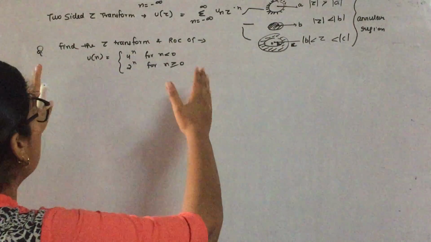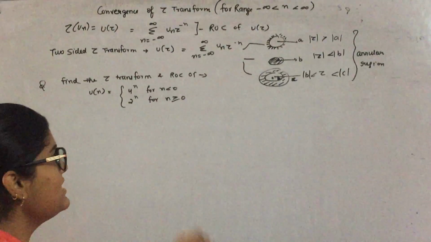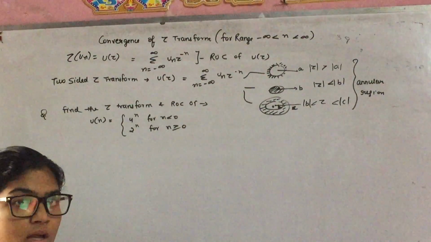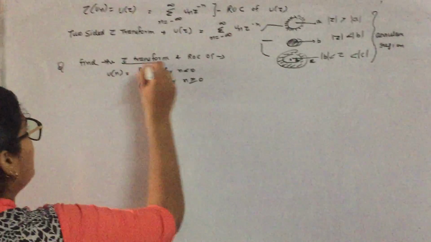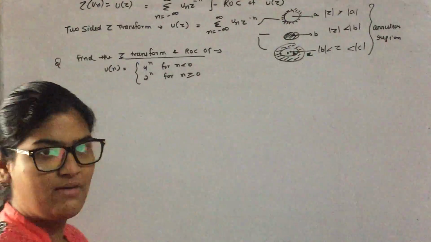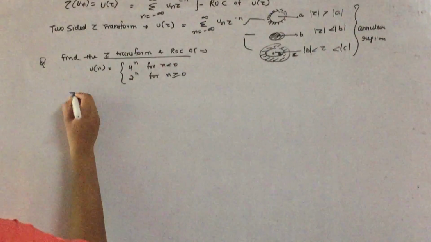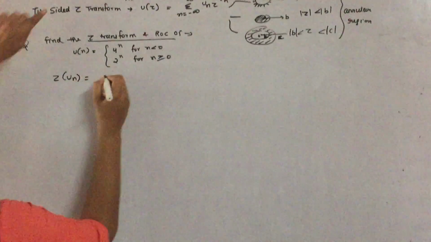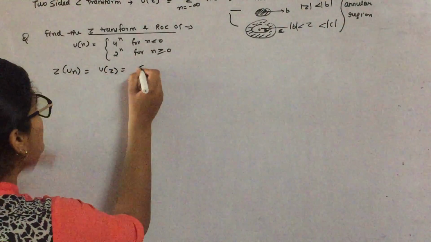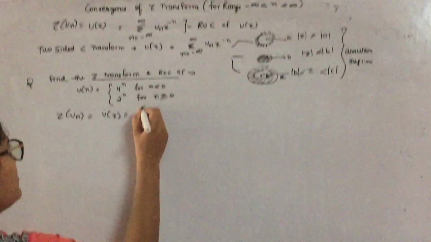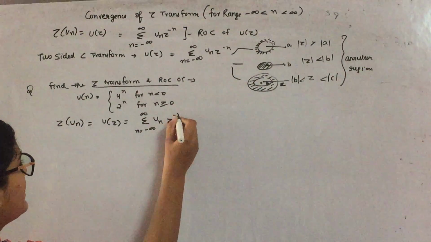Let us suppose there is a question: you have to find the Z transform and the region of convergence for this. Because we have to find the region of convergence, you have to apply this formula. So the Z transform of u(n), which is U(z), equals the sigma from minus infinity to infinity of u(n) z raised to power minus n.